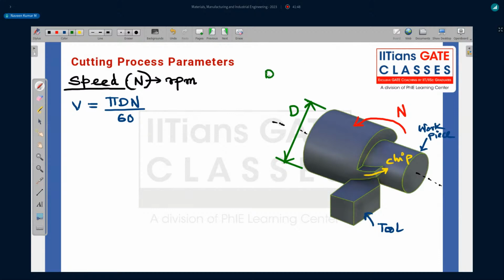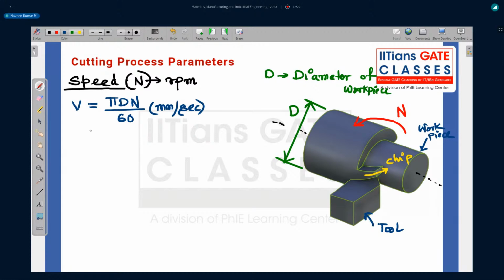D is the diameter of the workpiece. Now I can say the cutting speed is pi dn by 60, where n is RPM and V is cutting velocity. Division by 60 is used only when the units are millimeter per second. N should be in RPM only, rotations per minute, and diameter should be in mm.